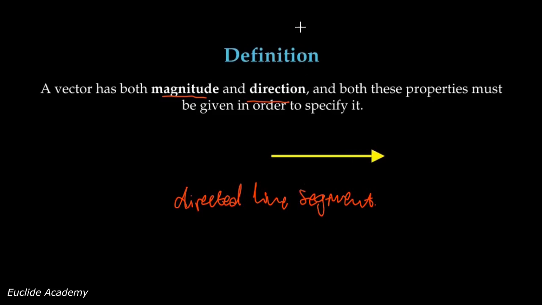So this is how we represent vectors, and so that is how we can define a vector. So a vector has both magnitude and direction. That is what we have to know, that the length represents the magnitude of the vector, and the direction of the line represents the direction of the vector.